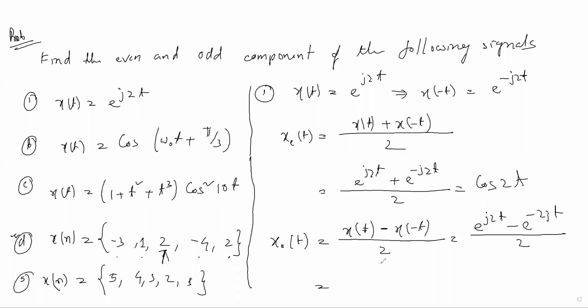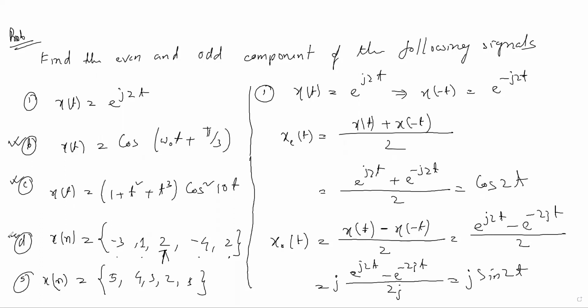Below there should be a j term, so to make the denominator twice j, I multiplied j in the numerator and another in the denominator. So e to the power j twice t minus e to the power minus j twice t by 2j would be j sine twice t. Understood the thing? Any doubt? Understood, sir. Okay.